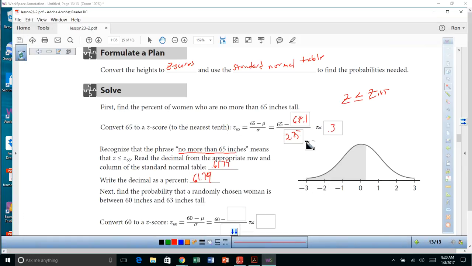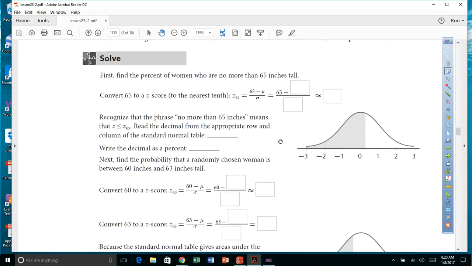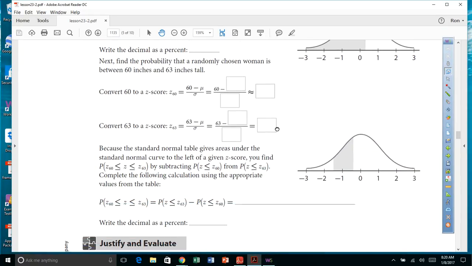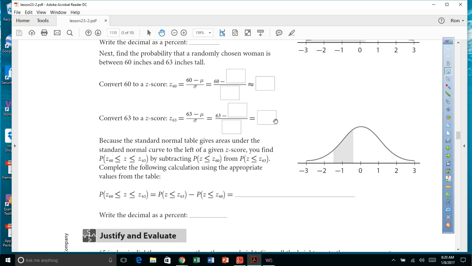Next, find the probability that a randomly chosen woman is between 60 and 63 inches tall.